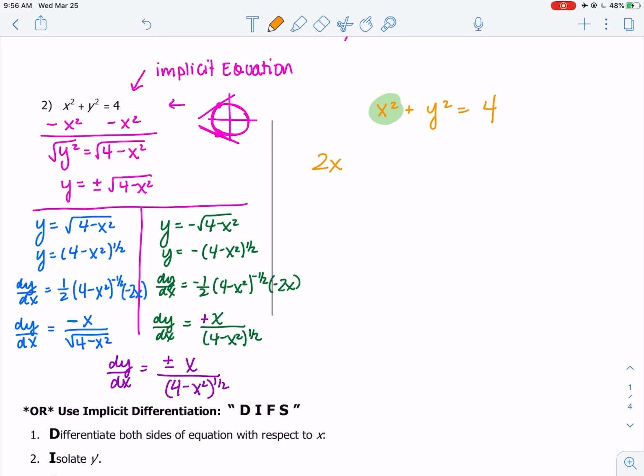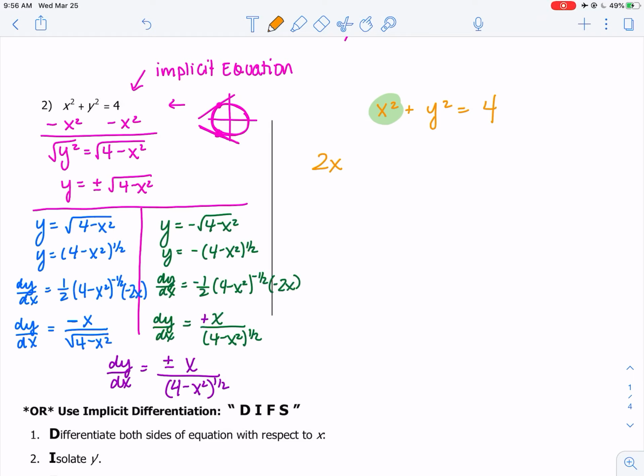Now technically, remember, we're taking the derivative of x with respect to x, so technically there is a dx here, but remember dx is just 1, so we usually don't write it. So as we're taking derivatives of terms with x's, we usually just take their derivative normally. We don't have to worry about writing that dx.